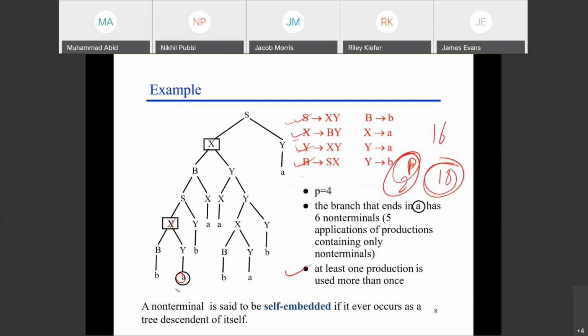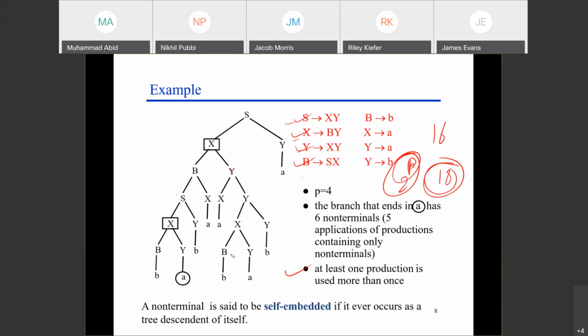What about YXY? We do not have YXY... Oh, yes, we have. Look at this one, YXY and YXY. These are self-embedded trees, because you can reach this Y from this Y. It should be a descendant, and then you can reach there.